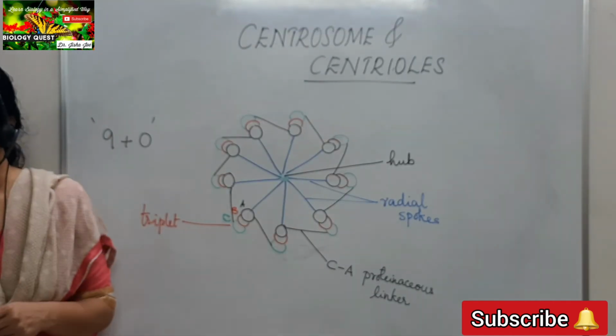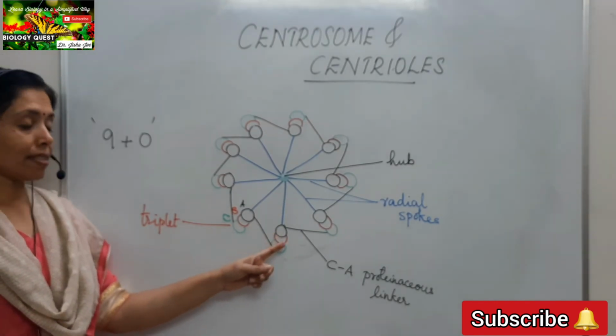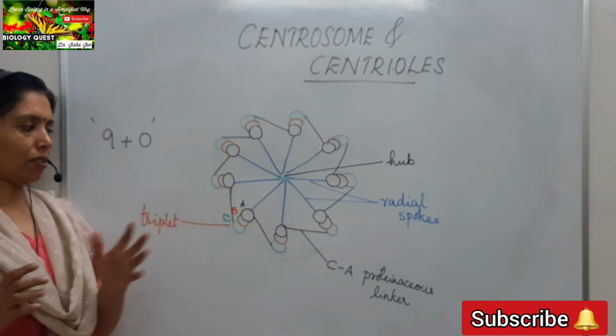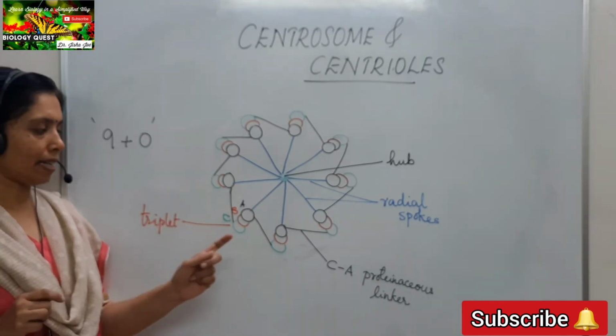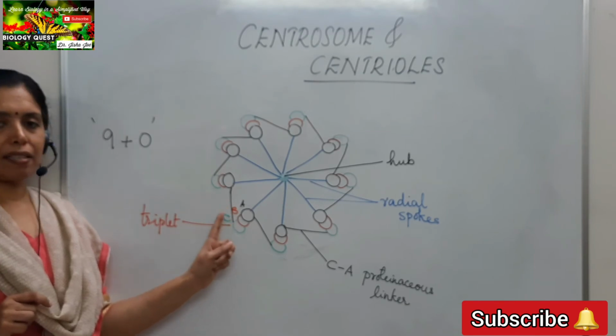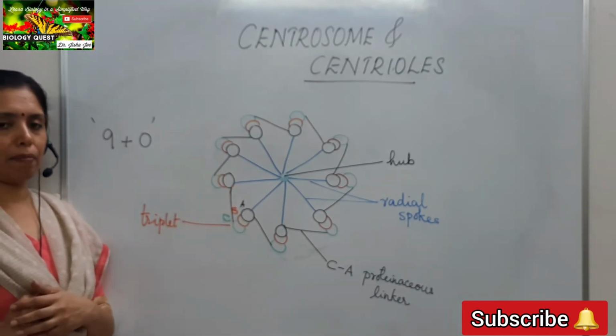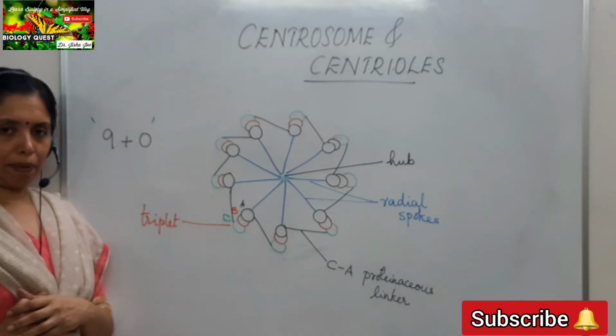The CA proteinaceous linker connects the adjacent triplets of the cylindrical wall. And how is it connected? The connection is between the C subfiber of one triplet and the A subfiber of the second triplet.